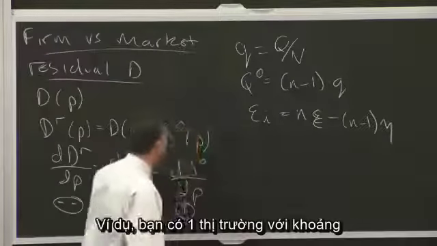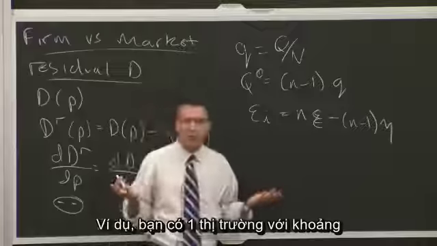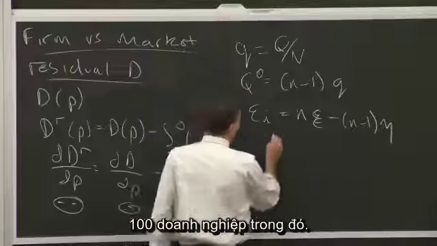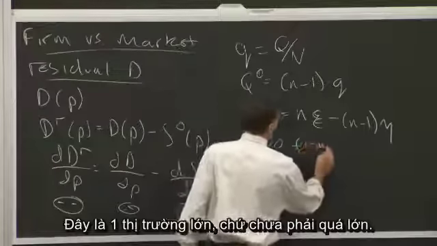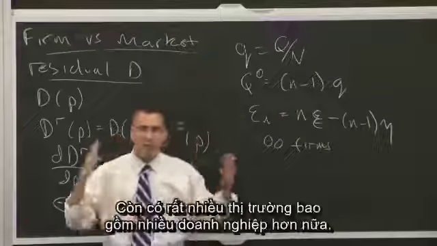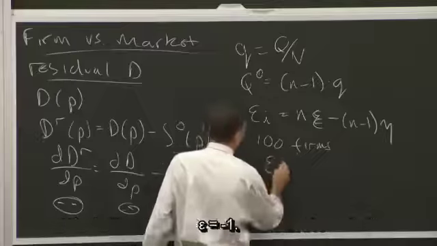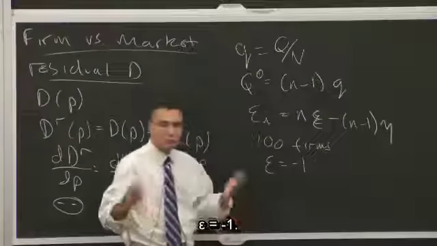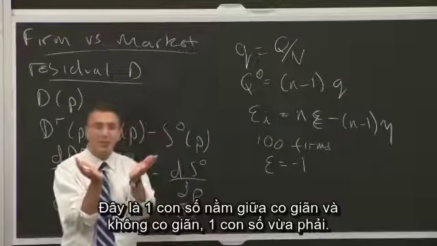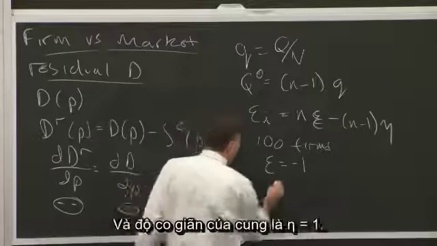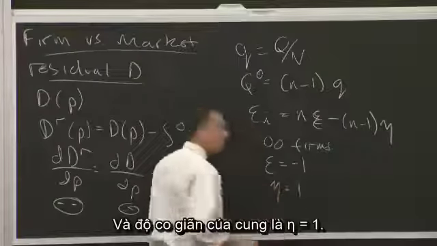So for example, let's say you've got a market with 100 firms in it. Not a big market, but not outrageously big. We have plenty of markets with more firms than that. And let's say that the elasticity of demand for this market equals minus 1. So it's in between elastic and inelastic, not a crazy number. And the elasticity of supply is 1.